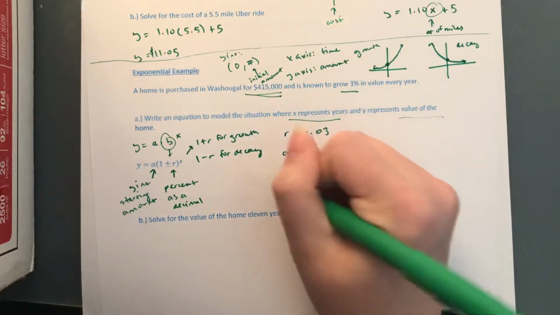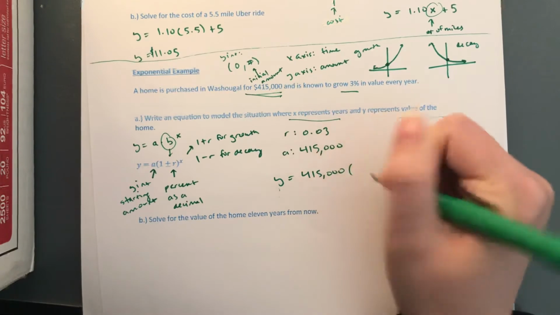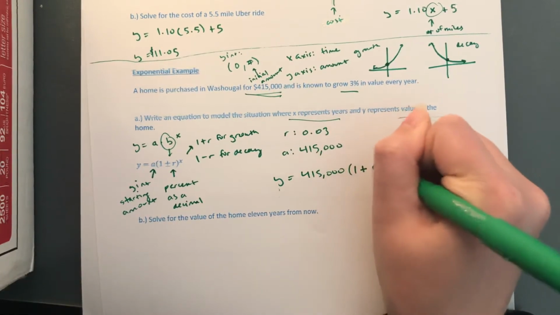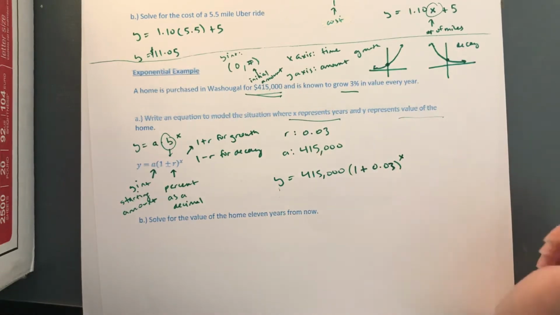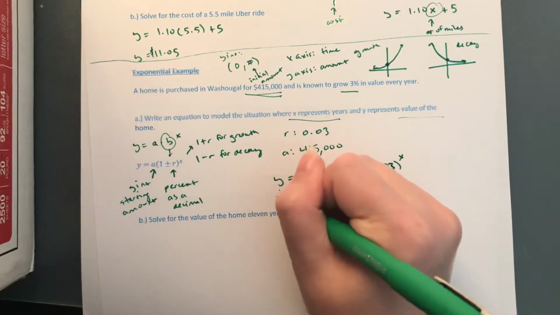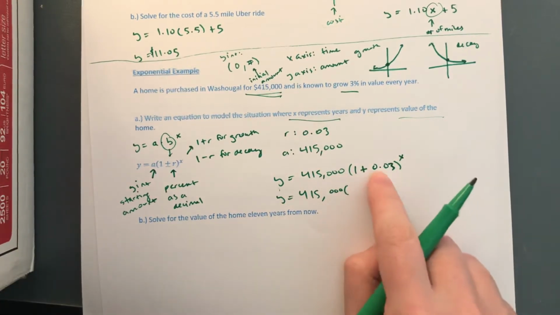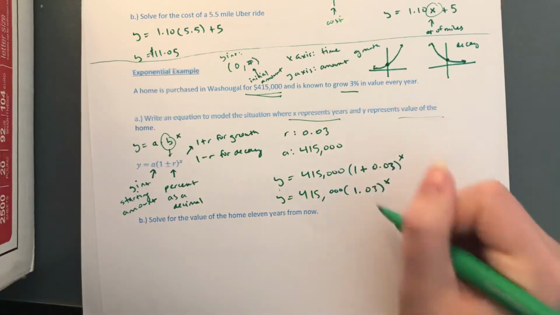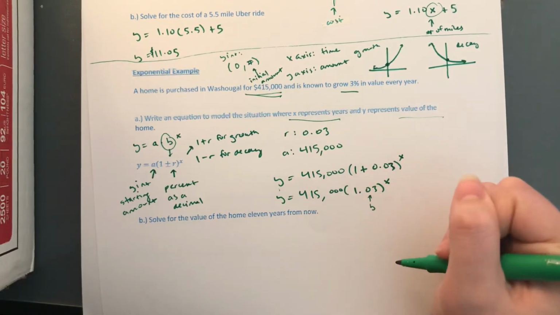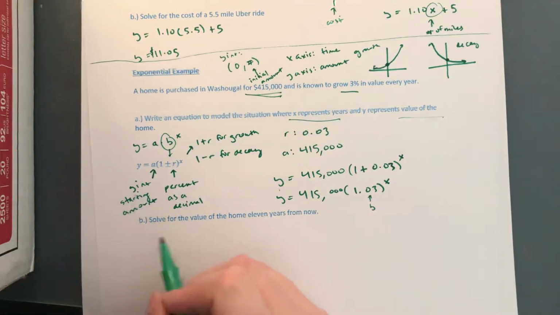So our equation is y equals 415,000 times (1 plus 0.03) to the x. And then I usually take this step real quick: 415,000, and 1 plus 0.03 is just 1.03 to the x. And so that's your b value.